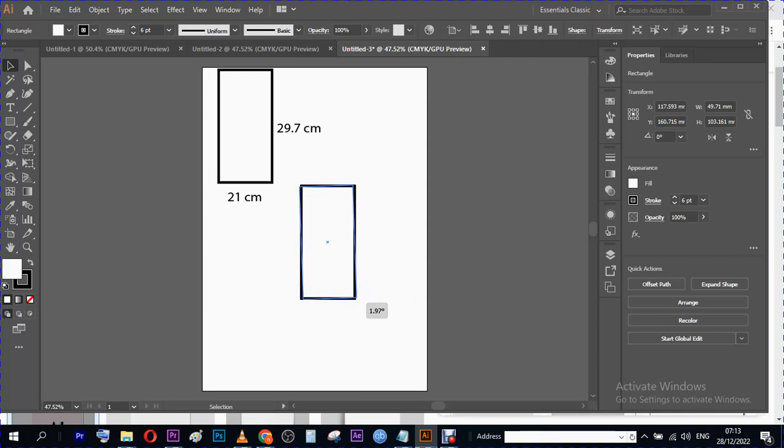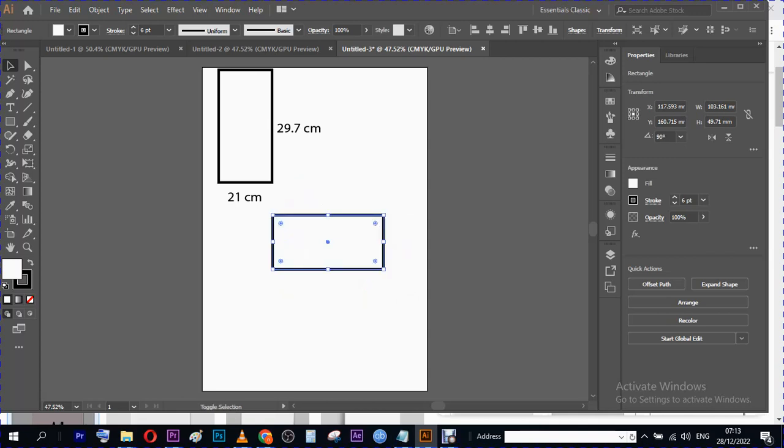Then I hold shift, because if I don't hold shift and I try to rotate it, it won't move in angles. If I hold shift, it moves 45 degrees, 90 degrees, so it is straight. Then I release the left mouse button. So after getting this, this is the landscape format.